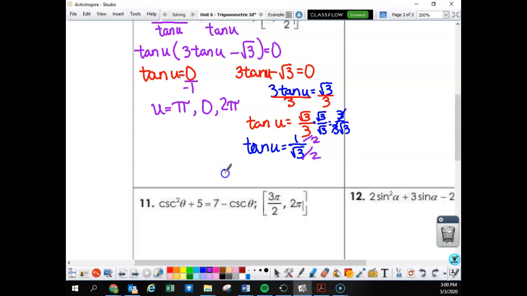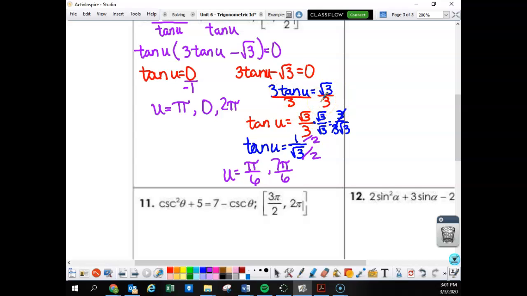So we're looking at u being pi over 6, right? Because at pi over 6, I have an x value of square root of 3 over 2 and a y value of 1/2. And then at 7 pi over 6, they have a negative square root of 3 over 2 and a negative 1/2, but a negative divided by a negative is going to end up being a positive, which is what I want.